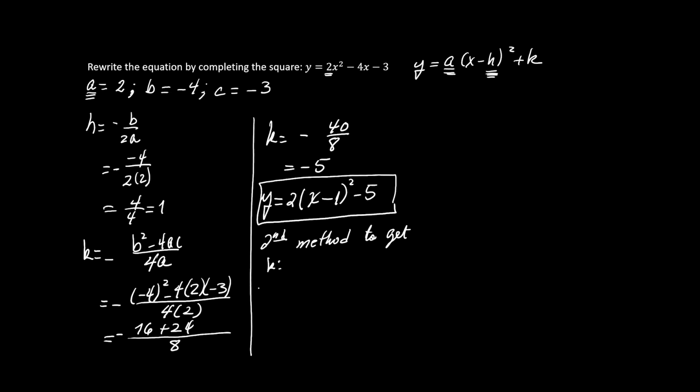Remember we said we plug in h into the original equation. So 2h squared minus 4h minus 3. Plug h in for every x. Okay? So this is 2. H is 1.